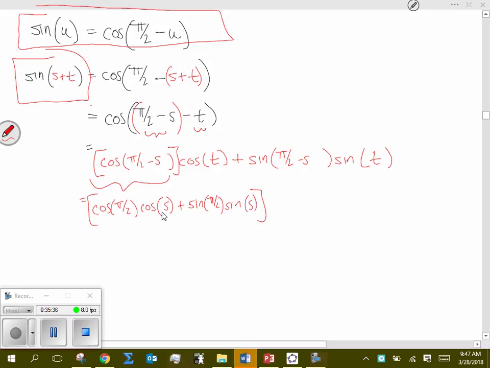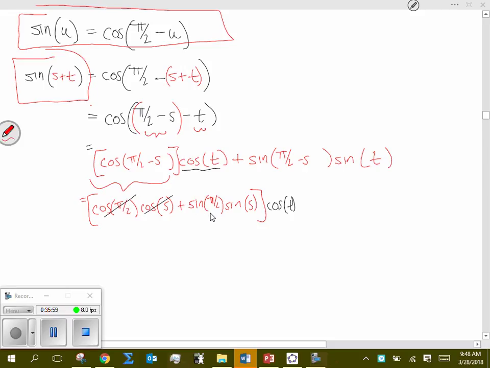So that set of brackets is what I've got in this brace here. But then I still got that cosine of t on the outside. So that cosine of t. Now going through this, what is cosine of pi over 2? 0. So those two things wipe away, right?